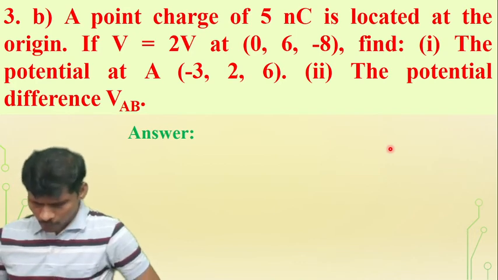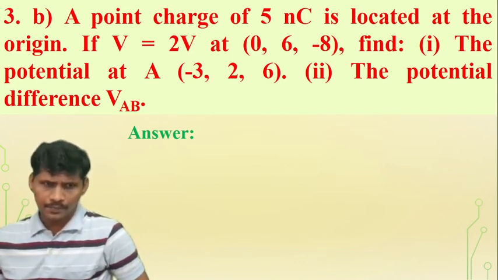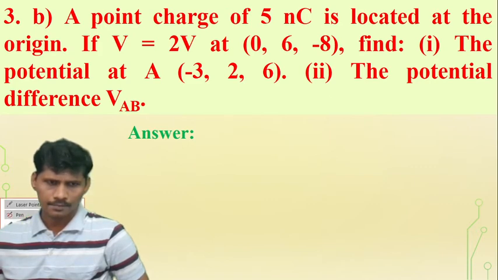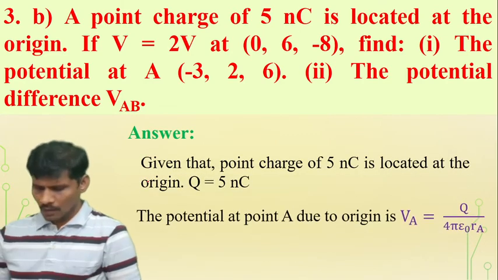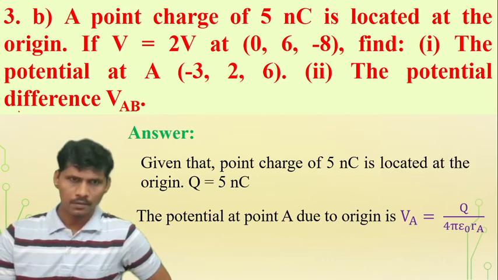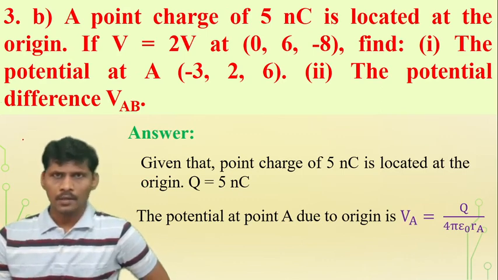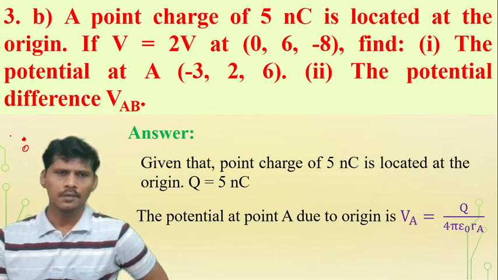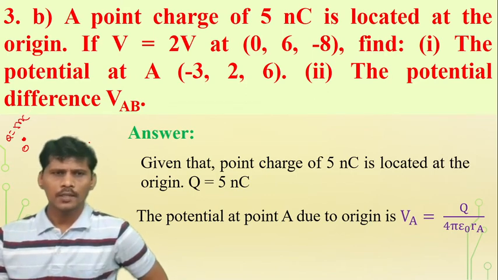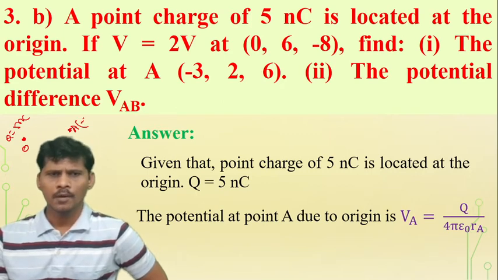At the origin, the point charge Q is located. What is that Q? Q is equal to 5 nanocoulombs. Calculate the potential at point A of minus 3, 2, 6.